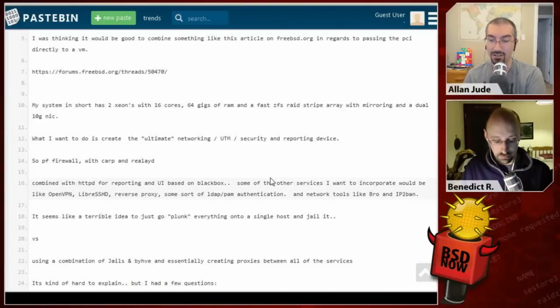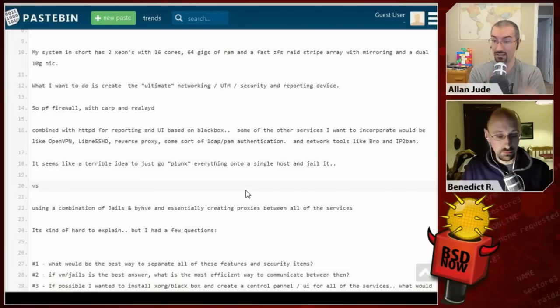So a PF firewall with CARP and RelayD combined with HTTPD for reporting, a UI on Blackbox and some other services I want to incorporate would be like OpenVPN, Libre SSHD. I think he means Libre SSL and SSHD. Reverse proxy and some sort of LDAP or PAM authentication. And network tools like Bro and IP2ban.